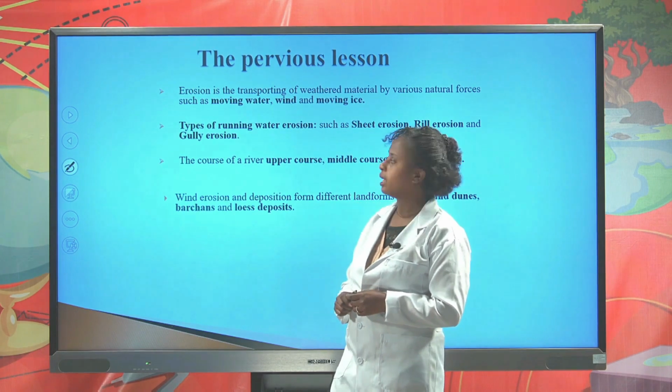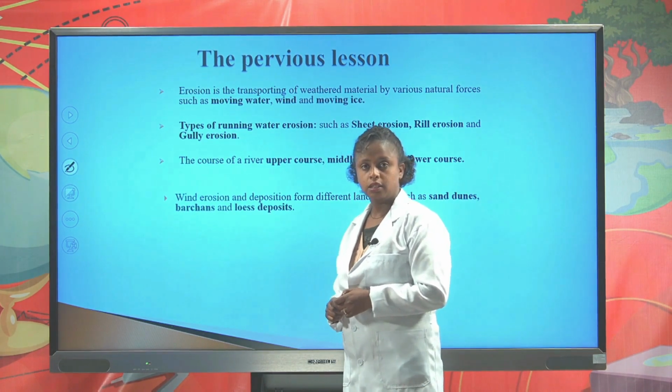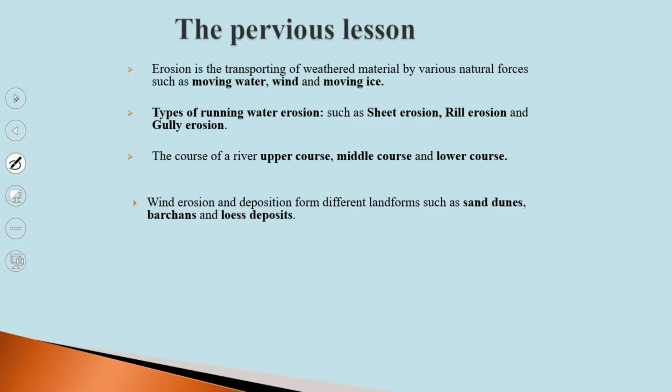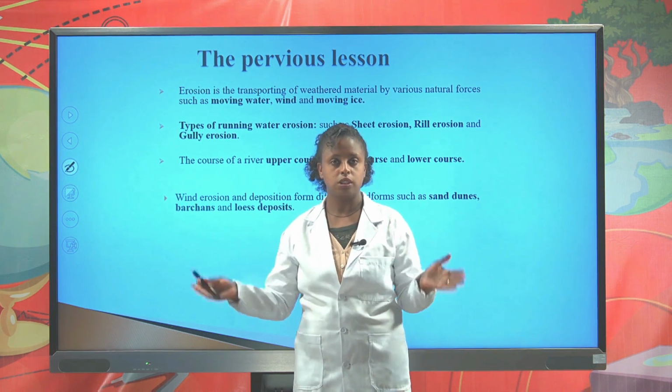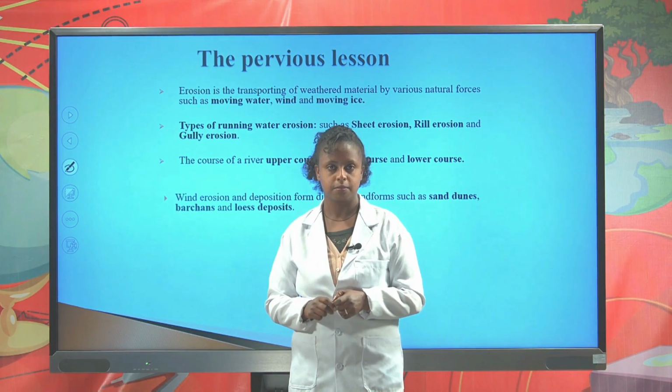We also discussed types of running water. Sheet erosion, rill erosion, and gully erosion are the types of running water erosion. Sheet erosion is the wider erosion which easily erodes soft rocks and other materials from the surface of the earth.